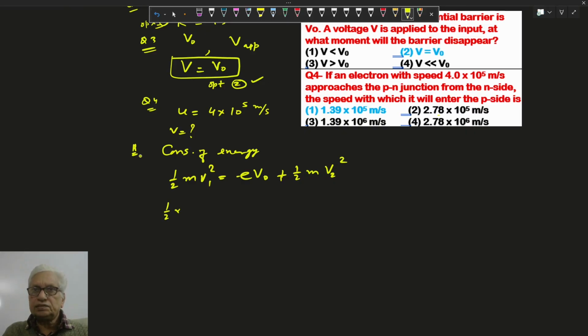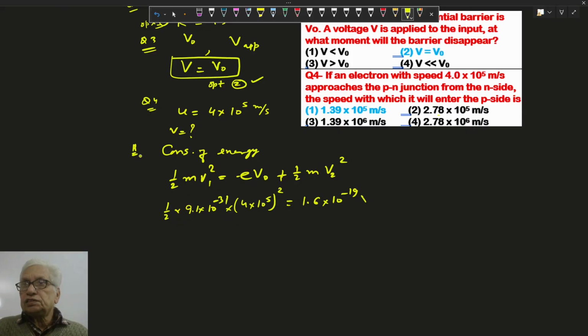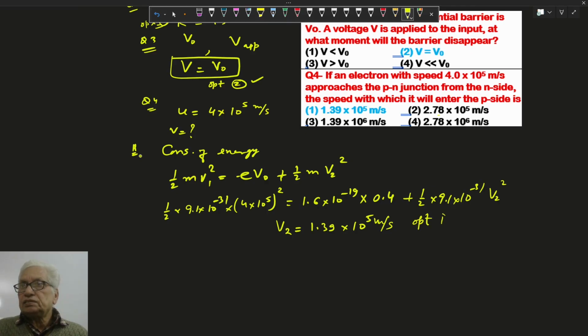Here mass is 9.1 into 10 to the power minus 31, v1 is 4 into 10 to the power 5 squared, and V naught is 0.4. After solving, v2 comes to 1.39 into 10 to the power 5. So this option is correct.